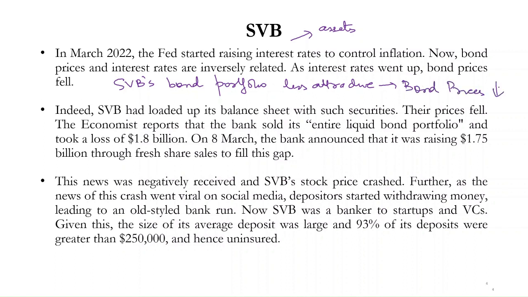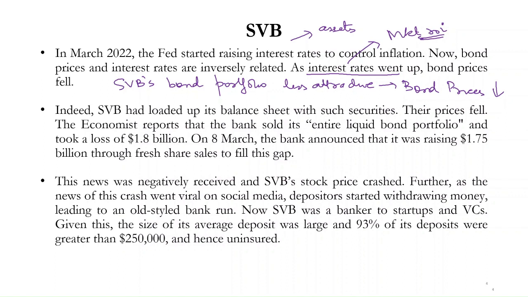Bond prices of what? The bonds that Silicon Valley Bank was holding. Please understand here, when we are saying interest rates went up, we are talking about the market rate of interest. If the market rate of interest goes up, the interest rate that the previously issued bonds were offering will become less attractive, leading to a drop in their demand and hence a drop in bond prices.